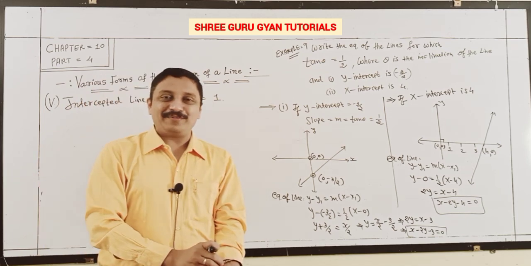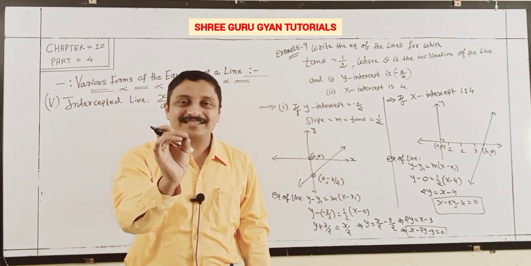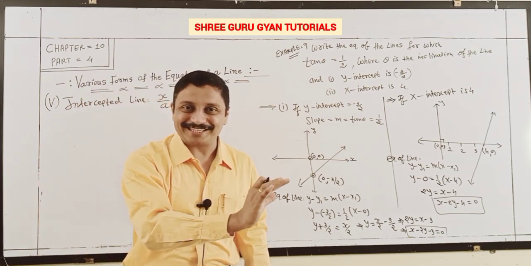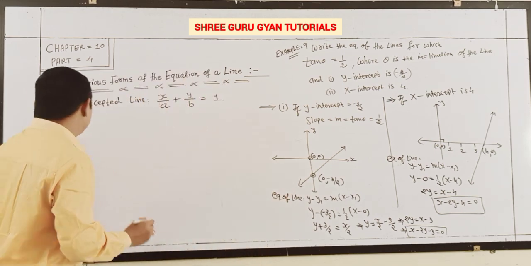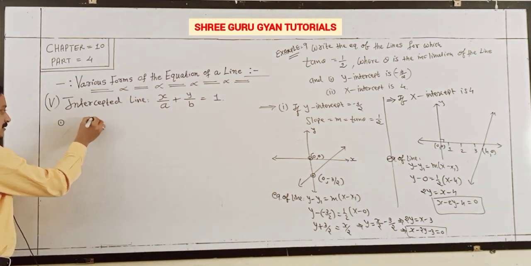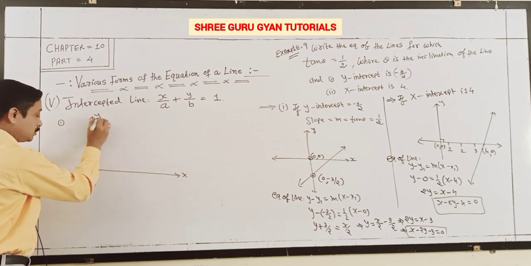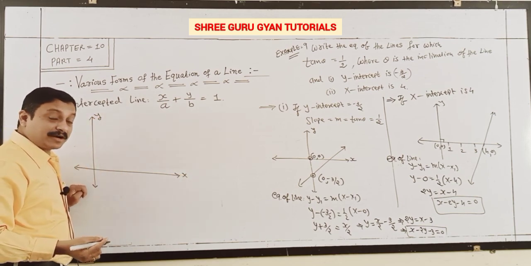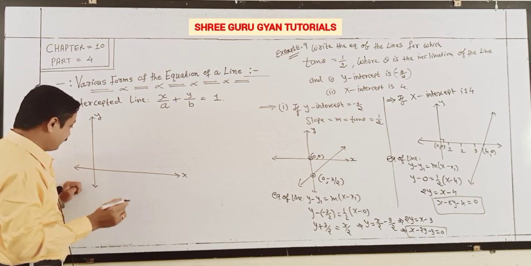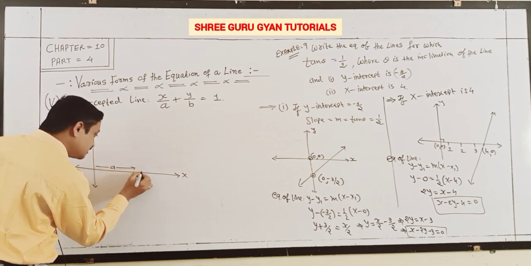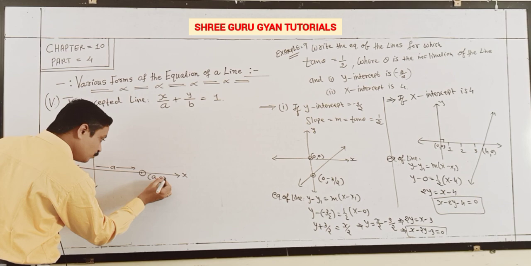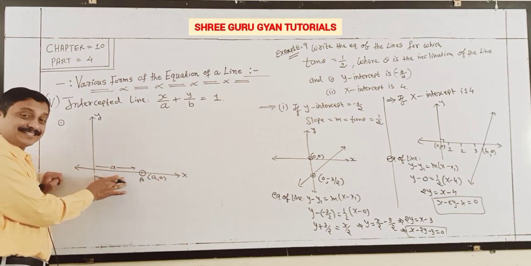Students, one more time I repeat, intercept means the distance traveled from the origin. First drawing is this. In total 7 drawings are available. In the textbook only 1 is given, but I show all 7 drawings. Consider here a travel distance, (a, 0). This is the x-intercept.